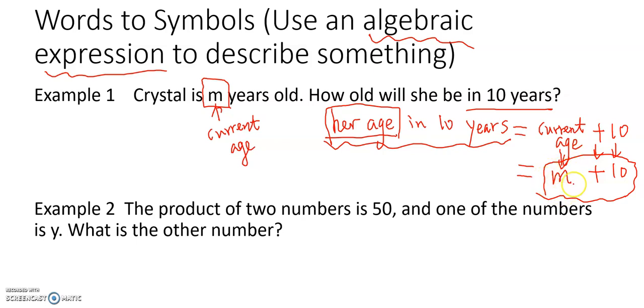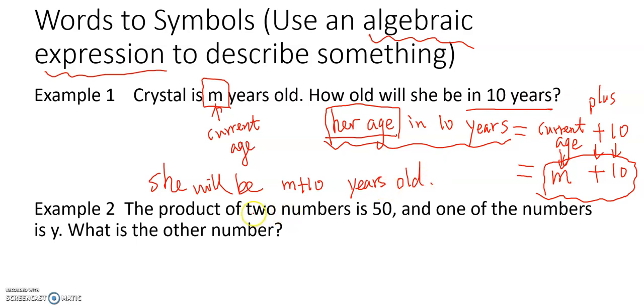We want to use a mathematical symbol, usually English letters, and here, because they tell us her age is m, for her current age you're just going to use a very simple letter instead of English words. So m plus 10. Of course, we're not going to use the word plus, we use the plus sign. So that's what we need. So I circle the answer here. If you want to write down a sentence, you can say she will be m plus 10 years old in 10 years.